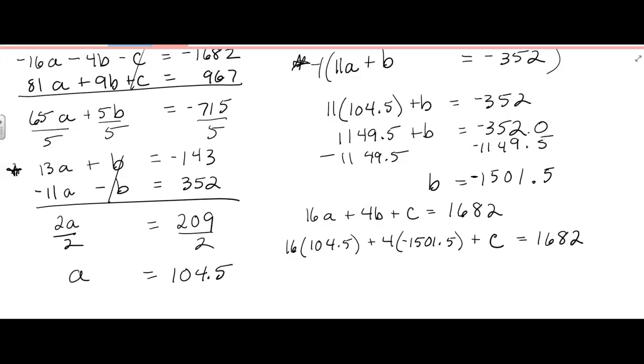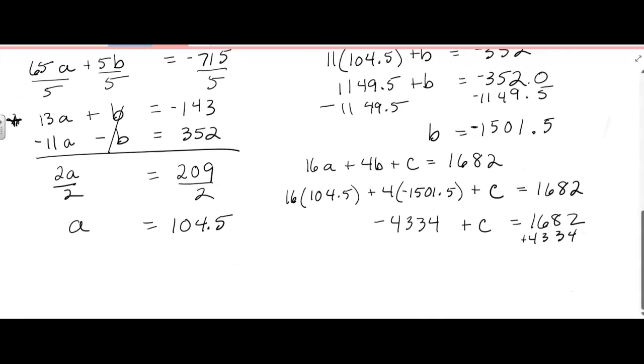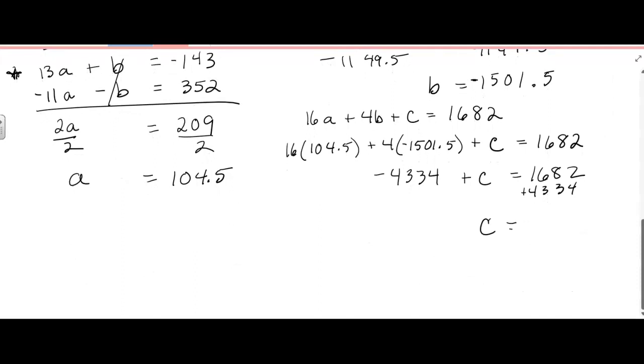Plus c equals 1,682. So let me do some work on it. I'm getting negative 4,334 plus c equals 1,682. So then I'll have to add that 4,334. So I'm getting c to be 6,016.